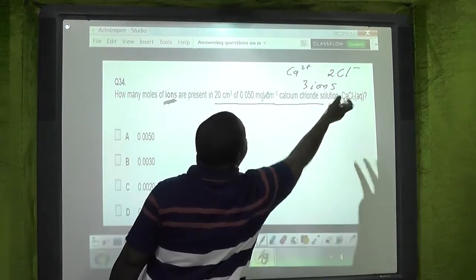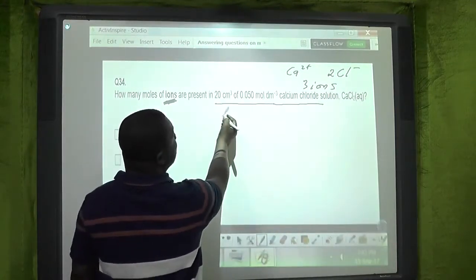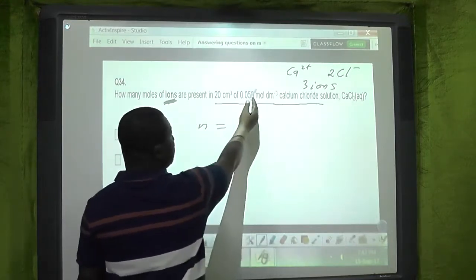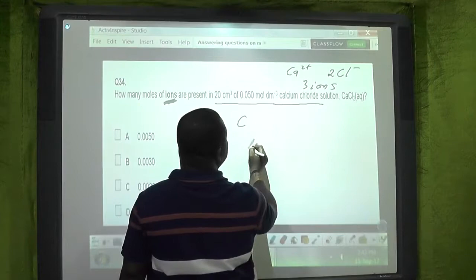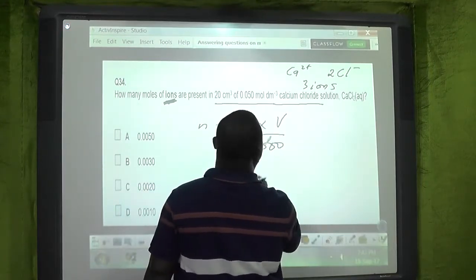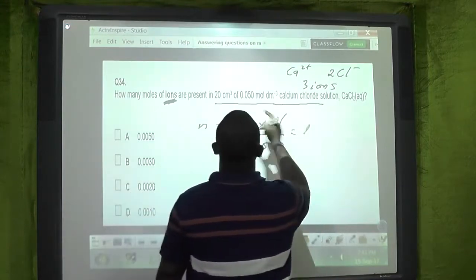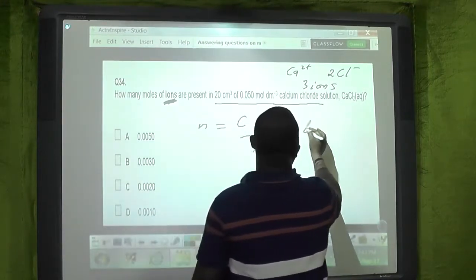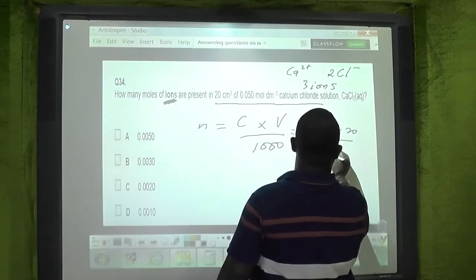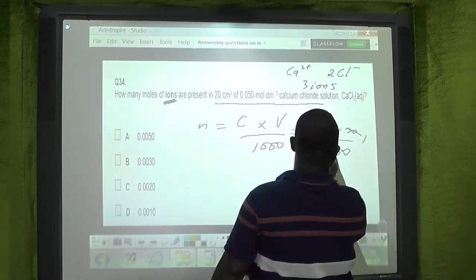Let's first calculate how many moles of calcium chloride we have. n of calcium chloride is equal to concentration multiplied by volume in dm cube, or just divide by 1000 directly, which is the same thing. So this is equal to the concentration 0.05 multiplied by 20 divided by 1000.